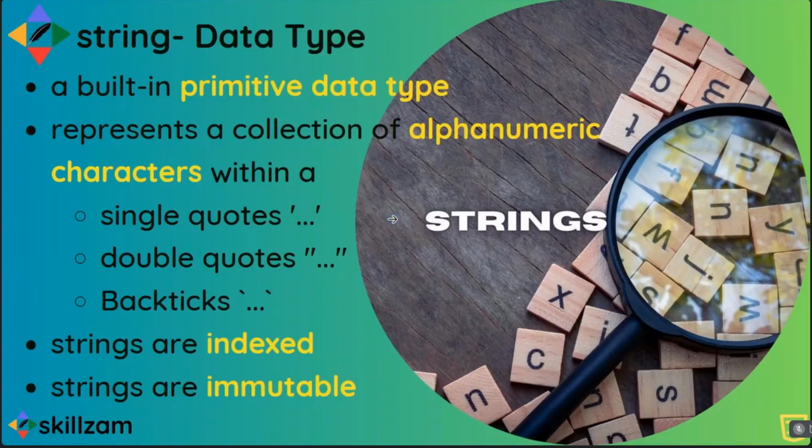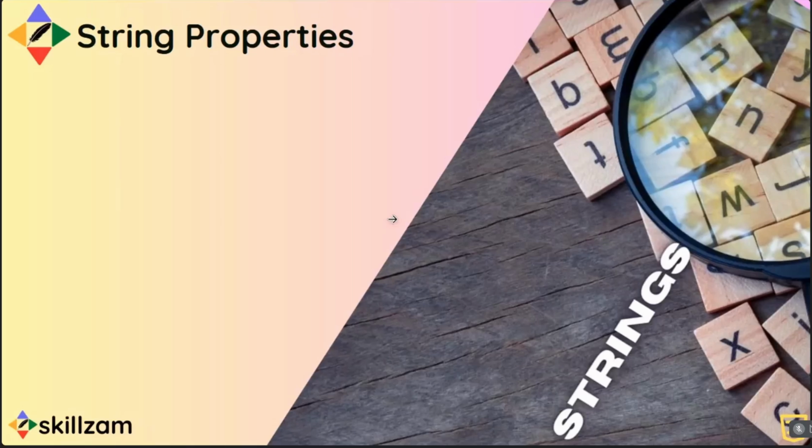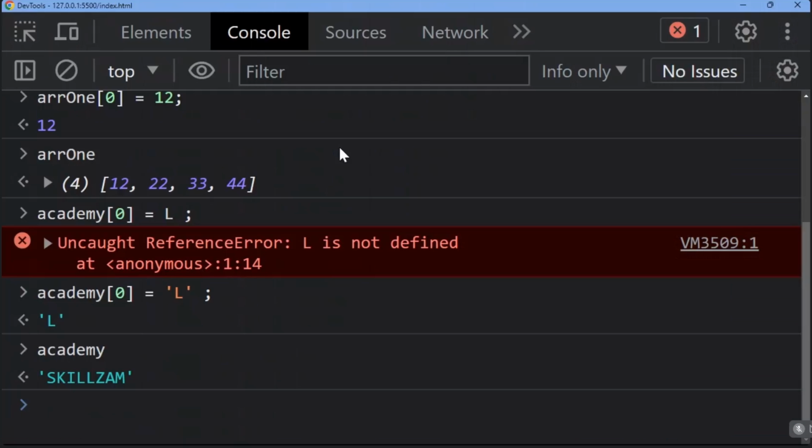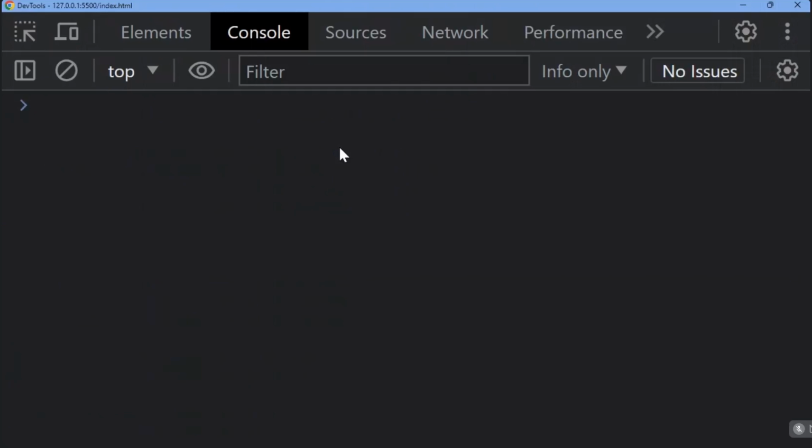So let's go further and see what else we can learn in terms of string properties. As you know, strings consist of alphanumeric characters along with special characters. Each value, or individual letter in a string, is called a character. Let me clear this.